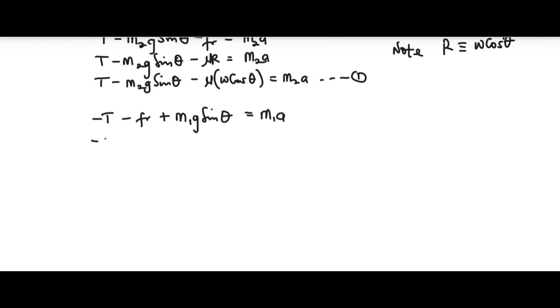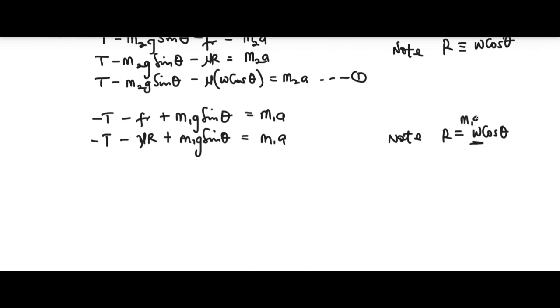Don't forget, your Fr still remains mu R, plus M1g sine theta equals M1a. Still, note that your R is still the same thing as W cos theta, right? Then your W here is M1g. Your W here is M2g, right? So these are the two equations to deal with.